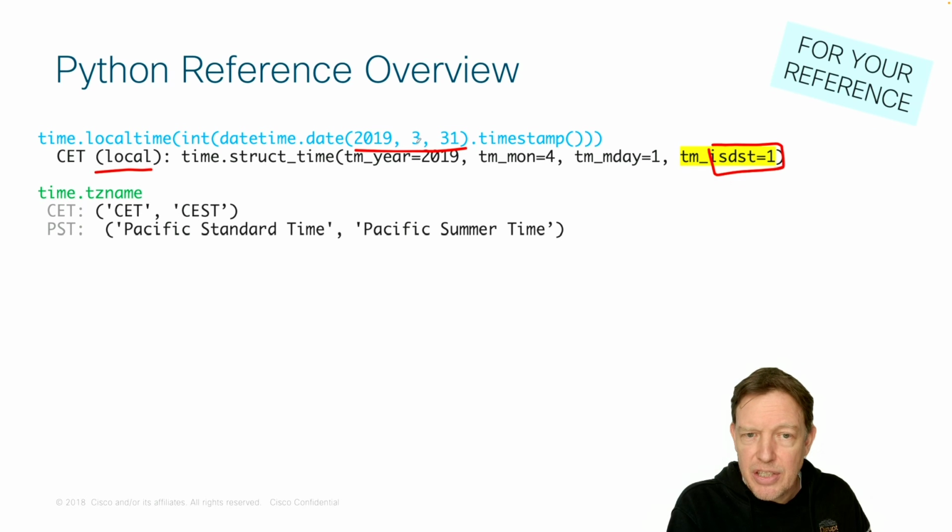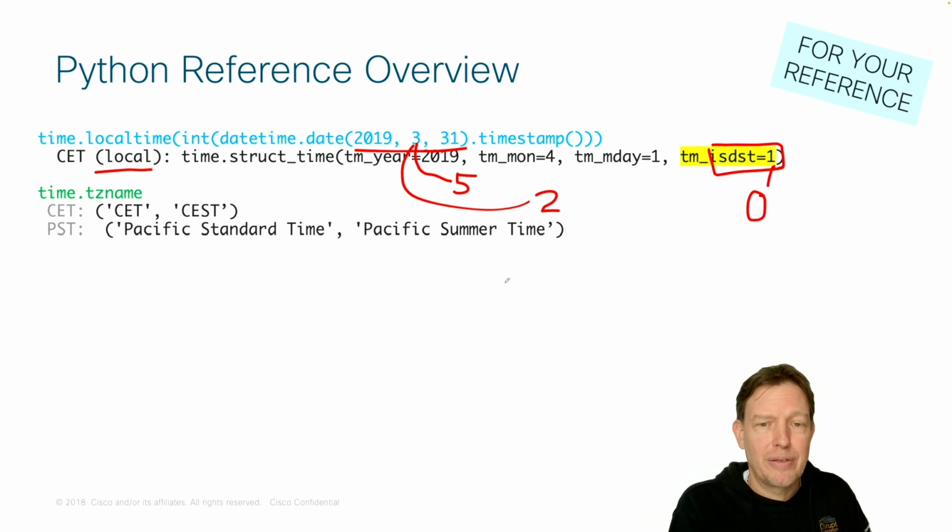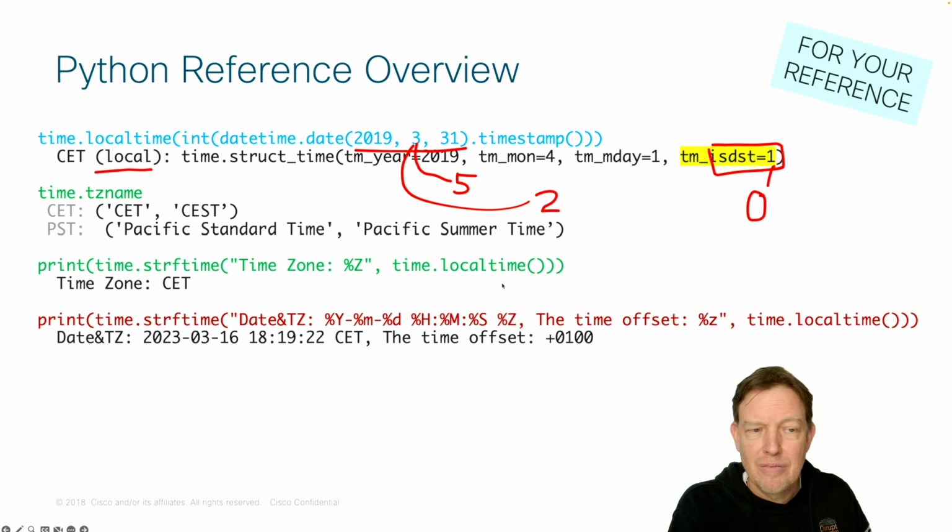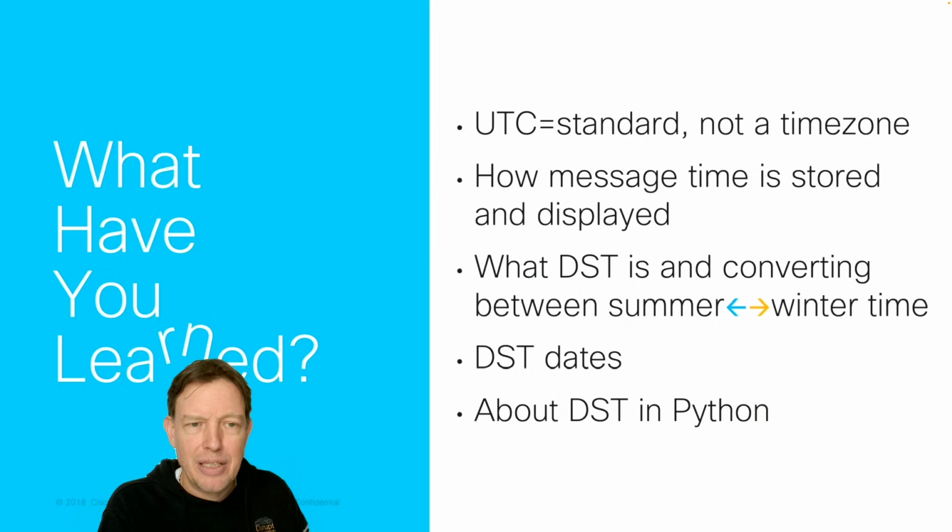So if I would change this date to for example, 5, it would actually still be DST equals 1. If I would change it to 2 for February, the DST would change to 0. These are for your reference. You can test them and play with it.